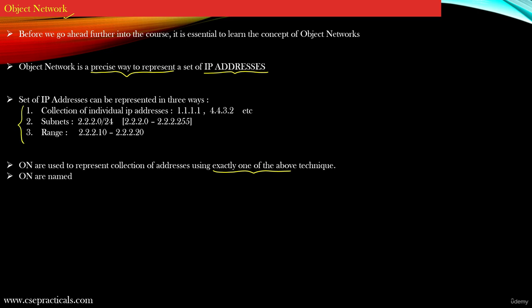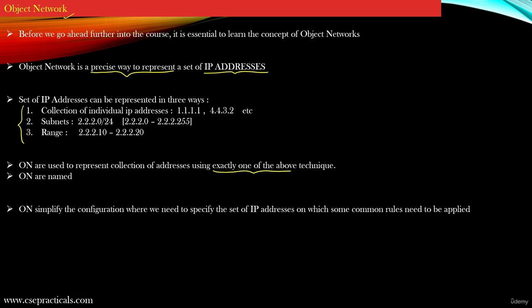And object networks are actually named entities. You have to provide some name to these object networks. We are going to discuss an example of how to configure object networks and how they help us manage the configuration on the device.